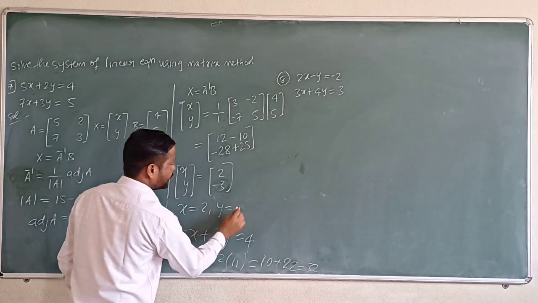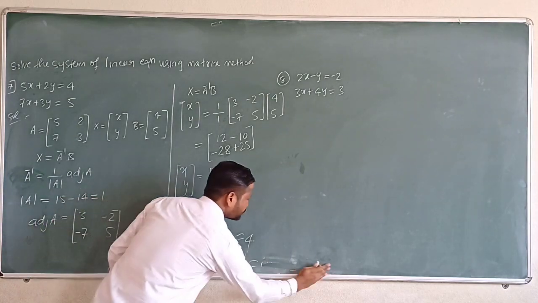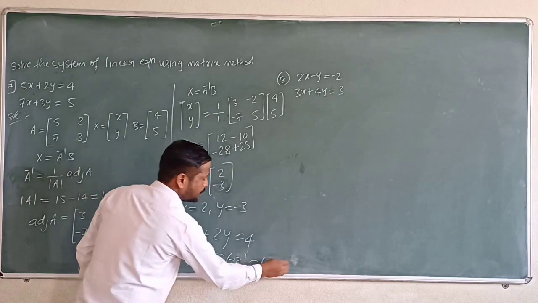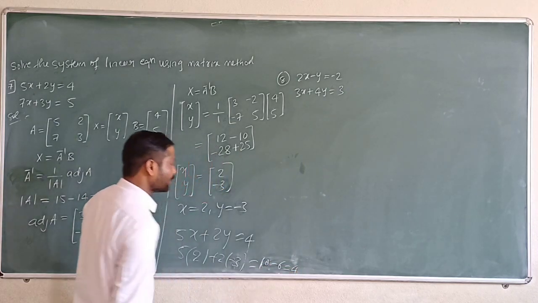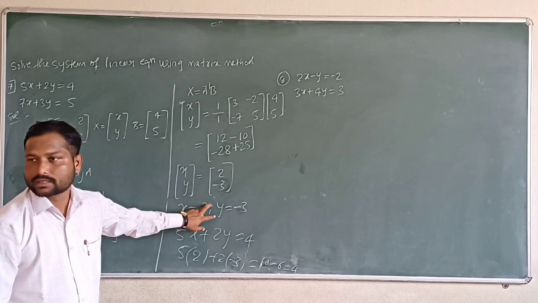Now it is minus 3 here. 5 2s are 10, 10 minus 2 3s are 6 is equal to 4. Verified. So therefore x value is 2, y value is minus 3.